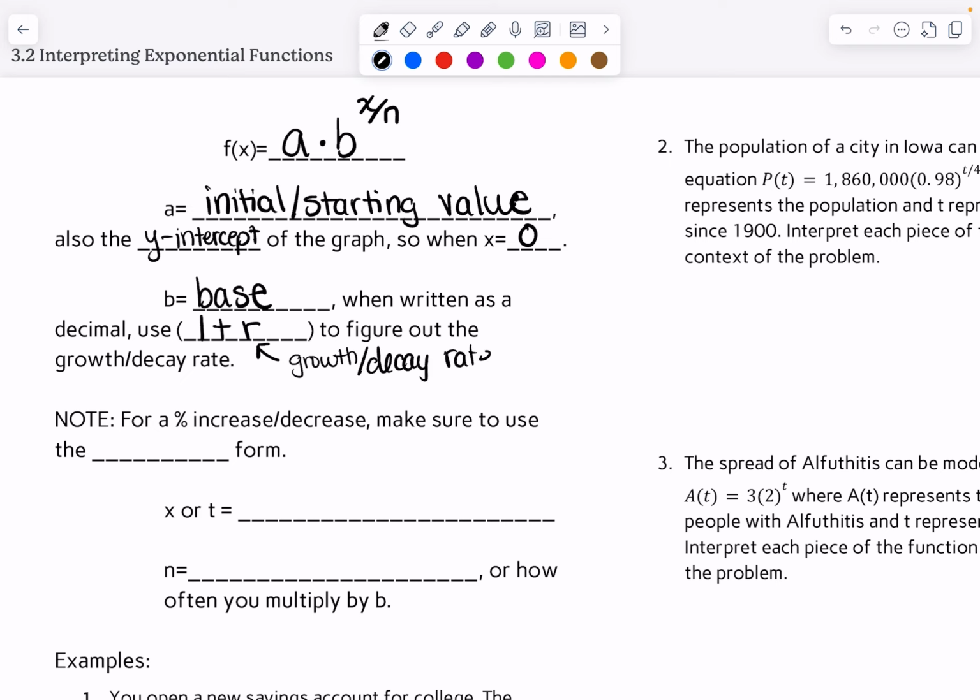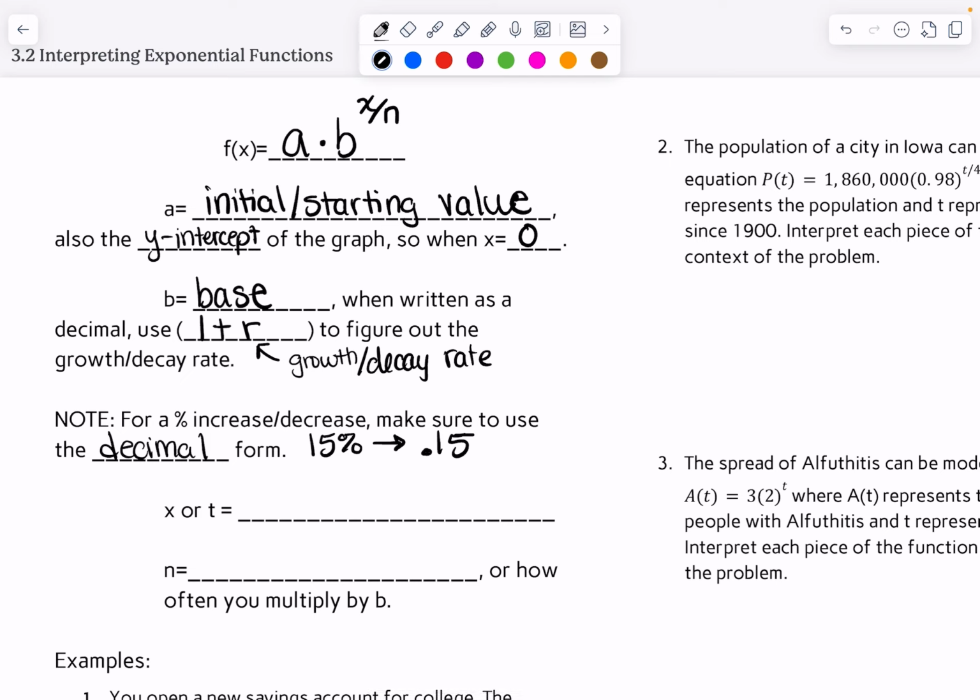If that R was negative, we know we'd have decay, and if the R is positive, it is growth. Just to note, for a percent increase or decrease, make sure we're using the decimal form. So if something is increasing by 15%, we want to divide that by 100 to get its decimal form. So remember, 15% is 0.15 because we would divide it by 100.